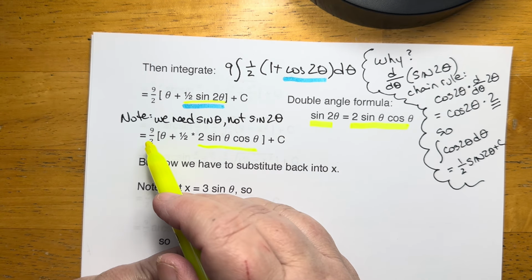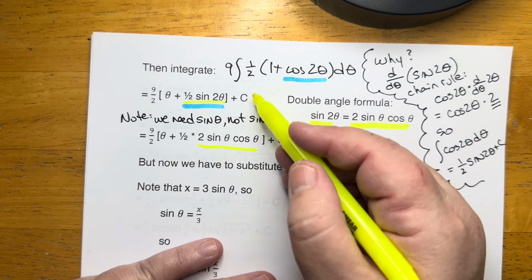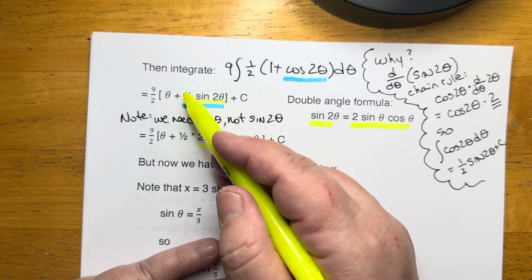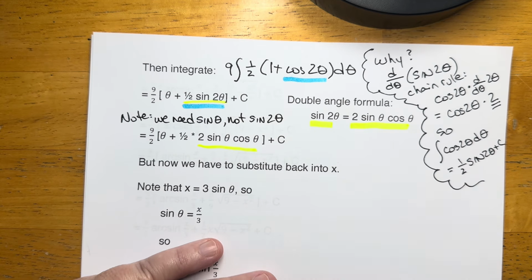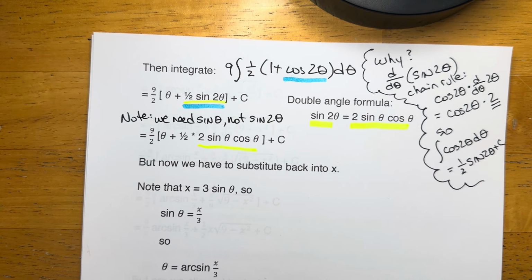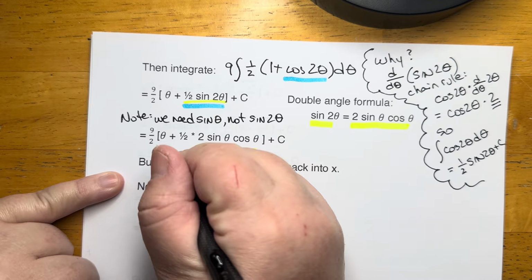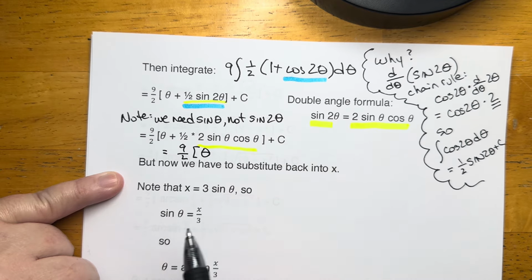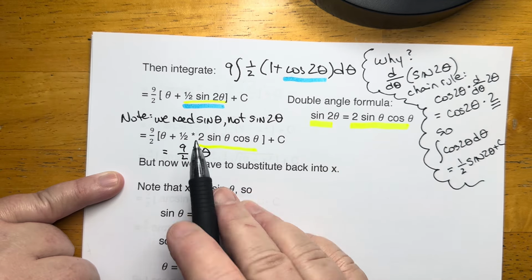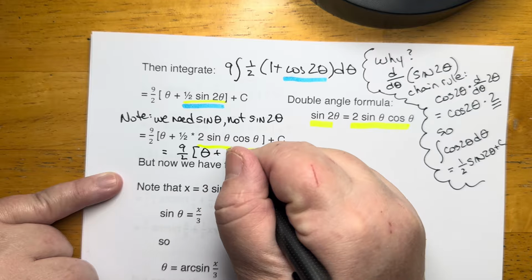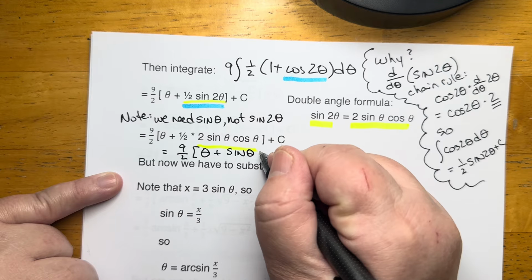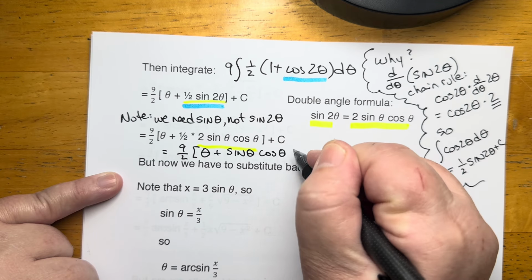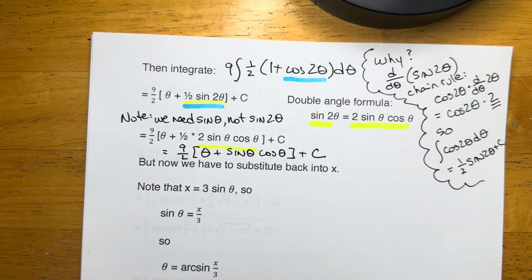We've got the 9/2, we've got the theta, we've got the plus c, and then we've got this 1/2 times 2 sine theta cosine theta, which is really nice because this is going to be 9/2 times the quantity theta. Notice what happens when I've got 1/2 times 2. It just cancels out, and so we've got sine theta cosine theta plus c.